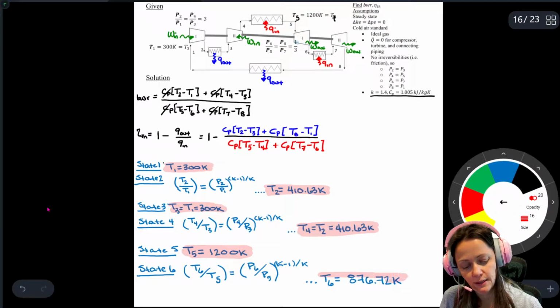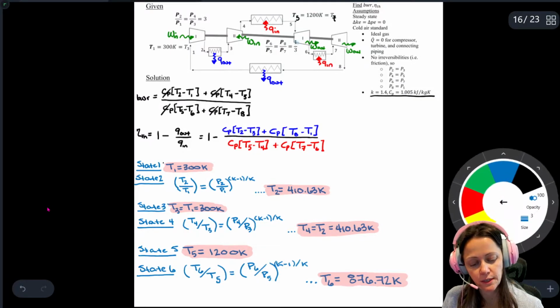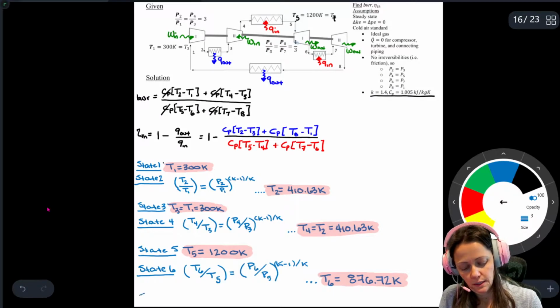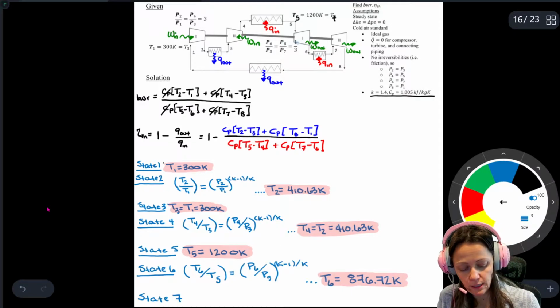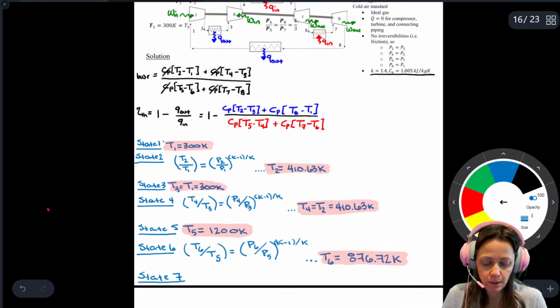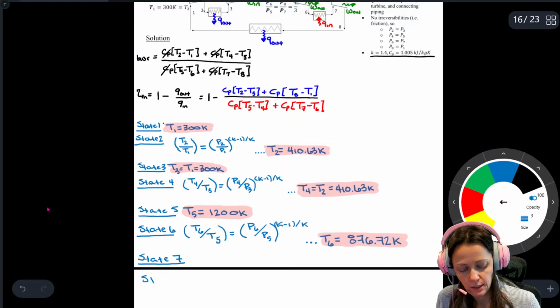I'll highlight it. And same kind of idea as what we saw with that second compressor. We've got the same inlet conditions for the second turbine and the same operating conditions. I haven't forgotten state 7, I'm just getting ahead of myself.